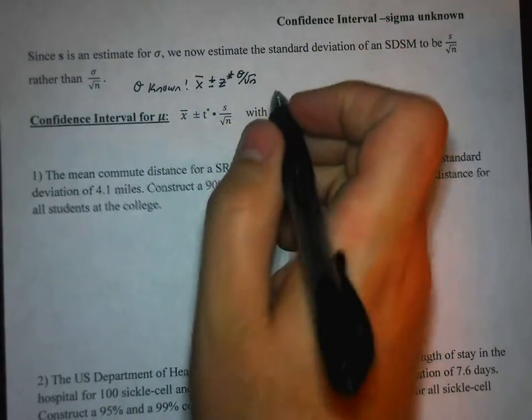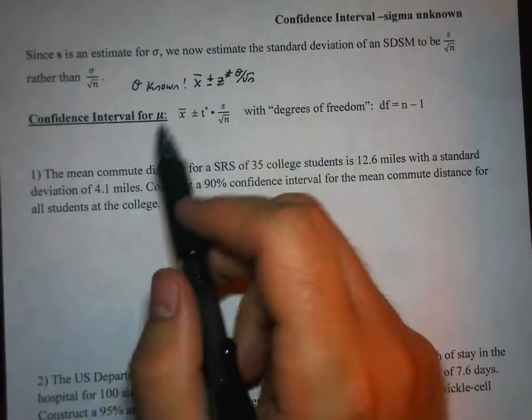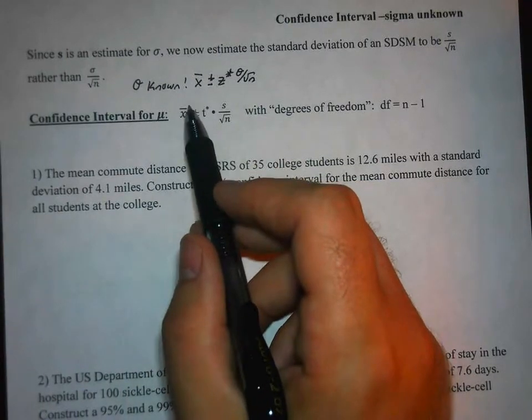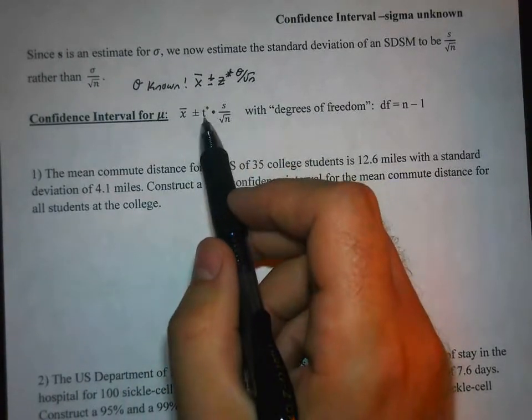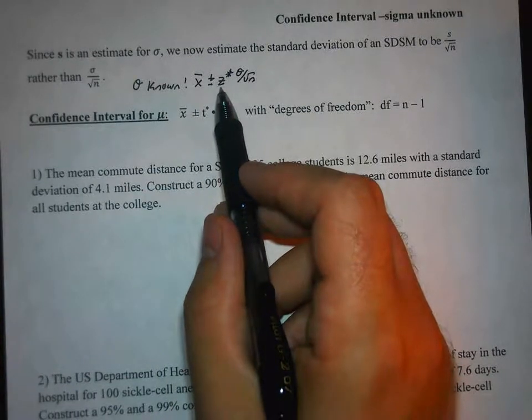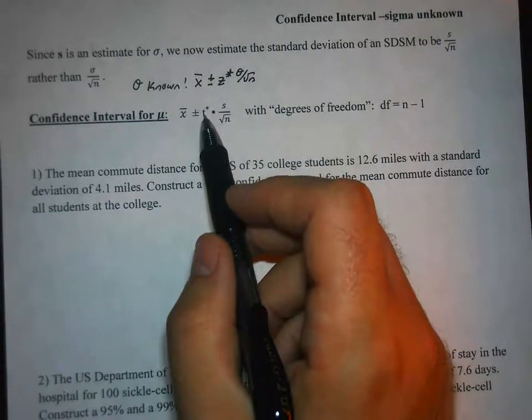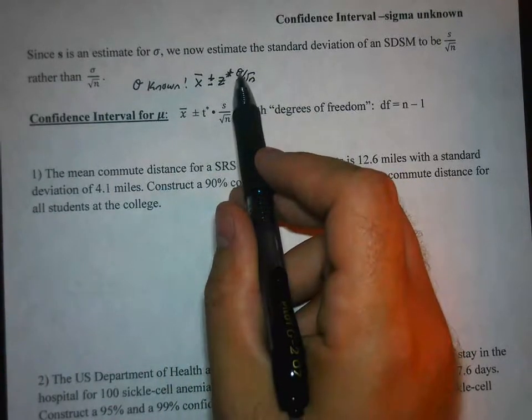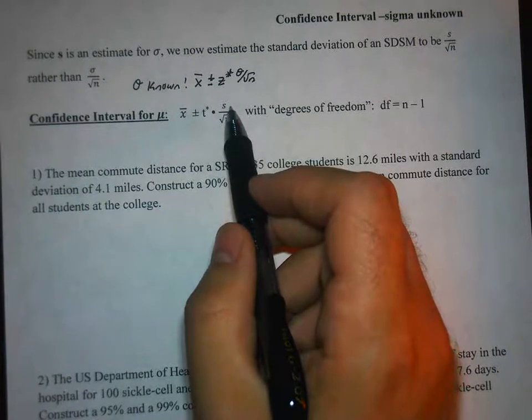Well, now the only difference is with sigma unknown, we still have x bar, but now we're going to use something called the t distribution rather than the z distribution. So we're going to find a critical number t star rather than z star.